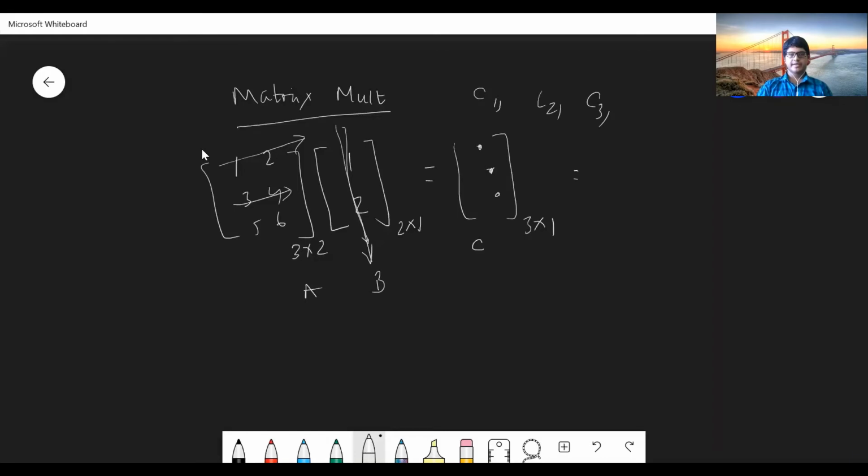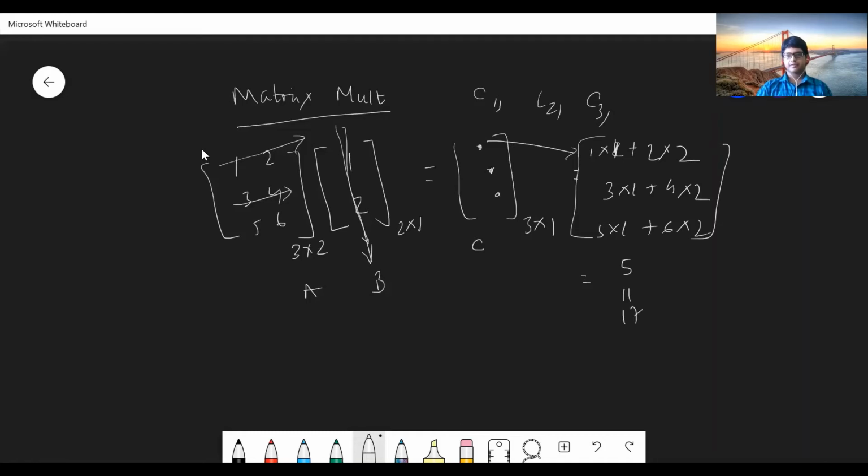So what is the value exactly? The first would be 1 into 1 plus 2 into 2, corresponding multiplication, then 3 into 1 plus 4 into 2, and the third one is going to be 5 into 1 plus 6 into 2, correct? What is this going to give? This is going to give 5, 11, and 17.